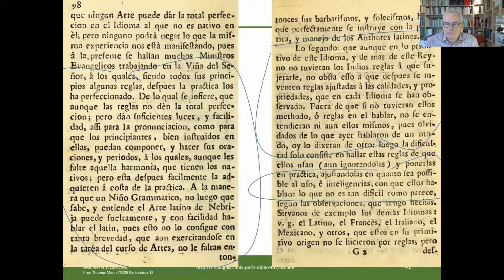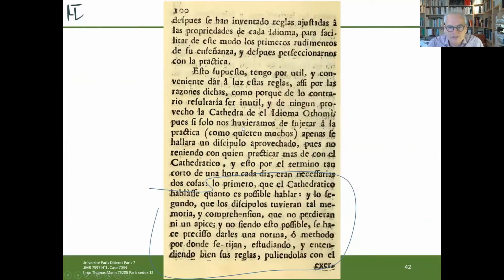So there are now rules, and of course in this grammar he wants to demonstrate that it is the case. And then you must go, the second citation, ponerlas en práctica, ajustándolas en cuanto sea posible al uso. Again, the usage, and that's the most important part, the same opinion as we have seen before.